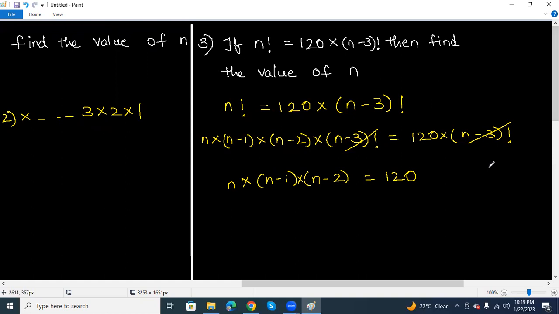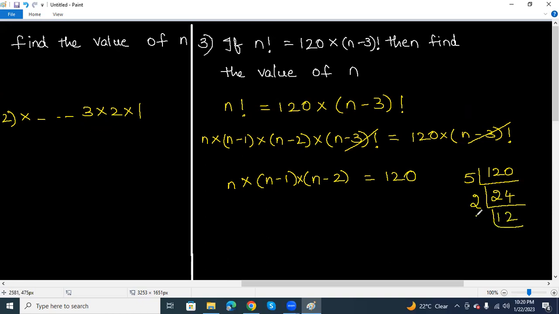So 120, if I take and factorize with the prime numbers, let's go with 5. 5 is a prime number. 5 2s are 10, 5 4s are 20. Next, 5 doesn't go. Take 2, 2 6s are 12.